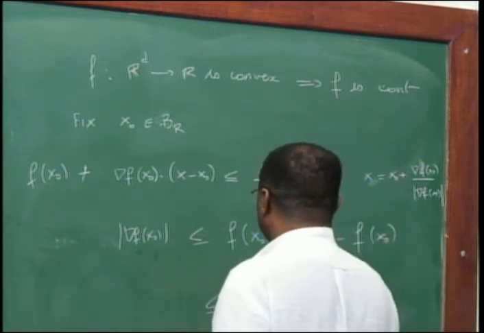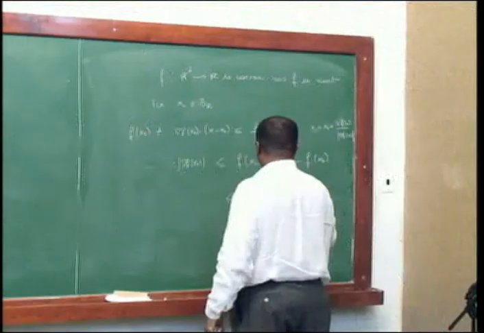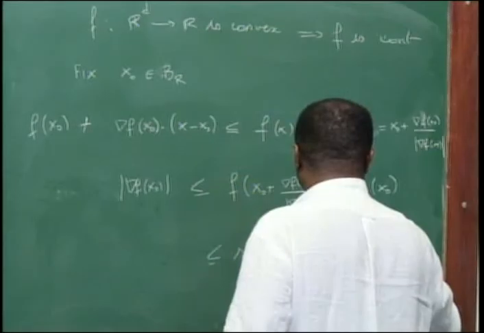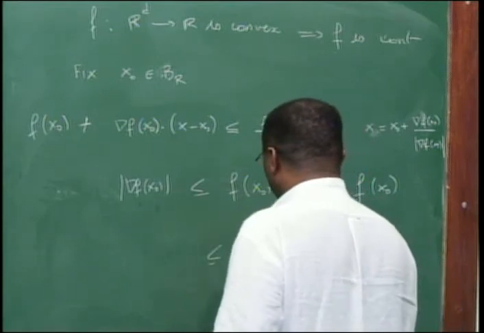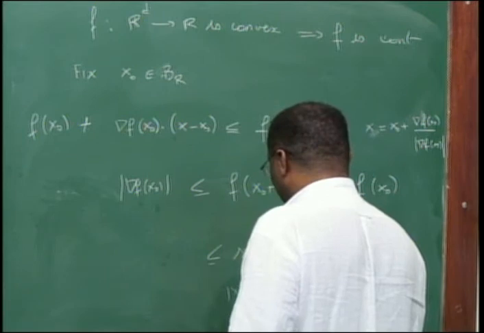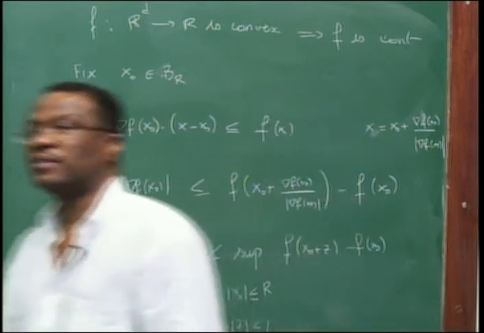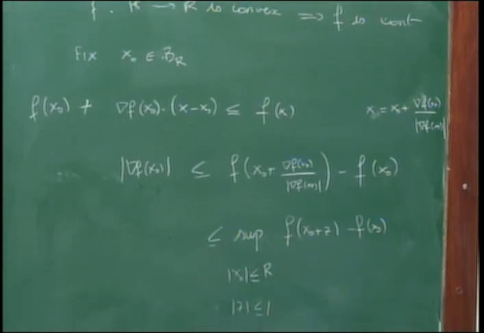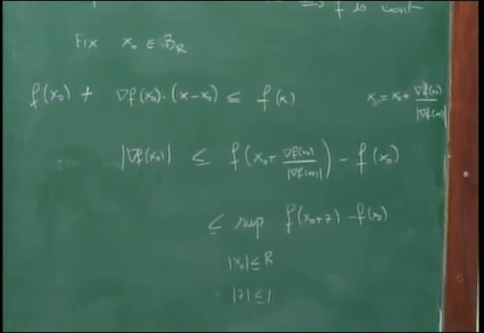And so this is less than the supremum of f of s naught plus z minus f of s naught, where s naught is less than r and z is less than 1. Since my function is continuous, then I get that the gradient is bounded uniformly on that ball.